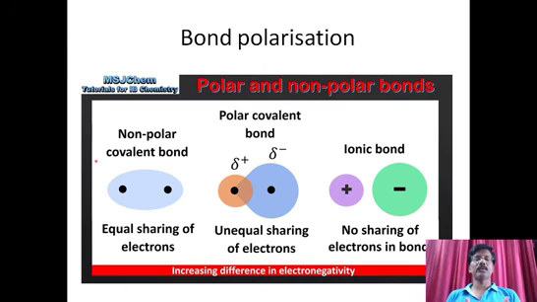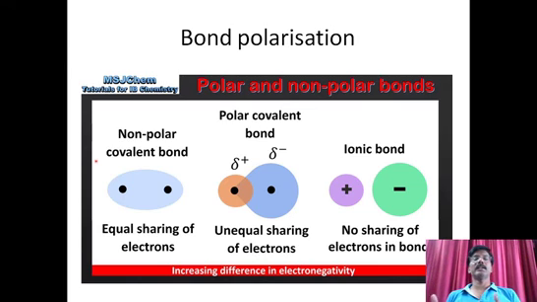Whenever you take two atoms with different electronegativity, if the electronegativity difference is very small, then it gives a polar type covalent bond where electrons are slightly shifted towards the more electronegative atom.